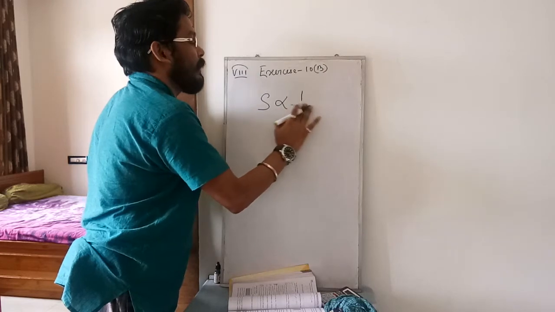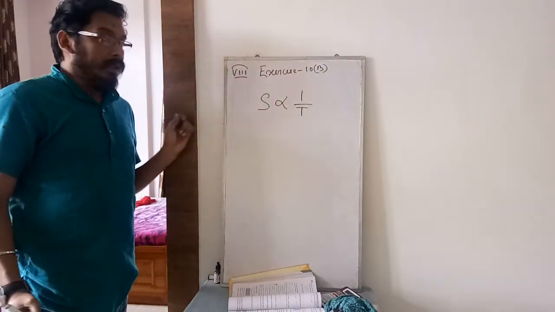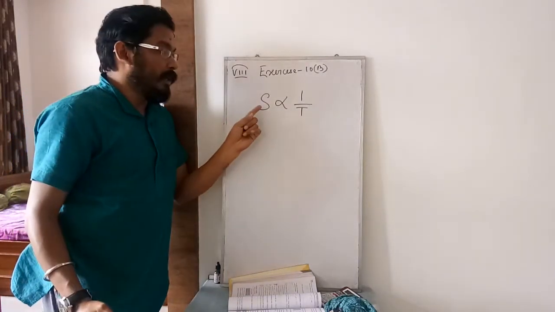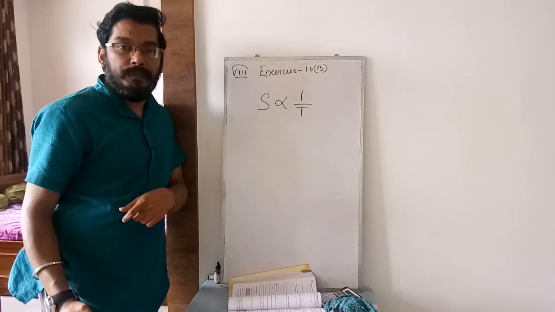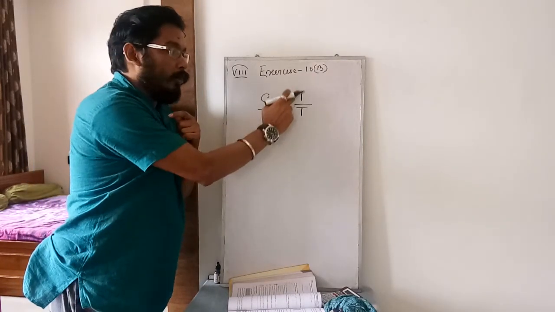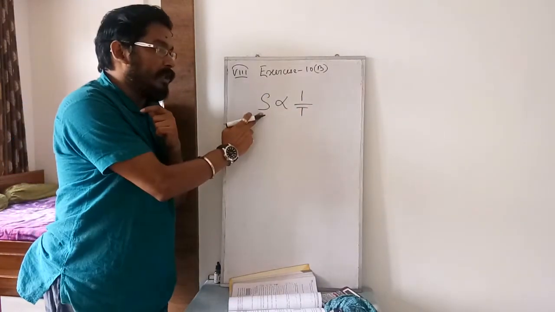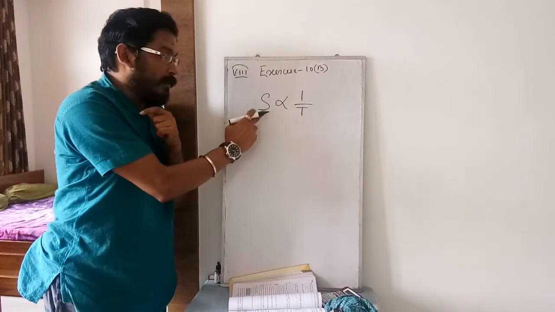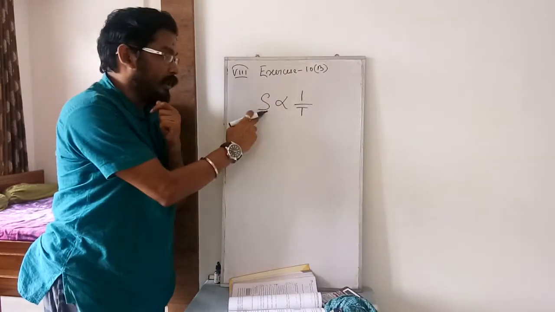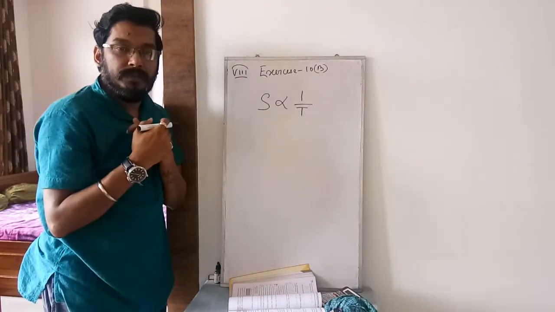Inversely means 1 by t. We write speed proportional sign 1 by t. By observing this, you can understand that if speed increases, time will decrease, and if speed decreases, time will increase.